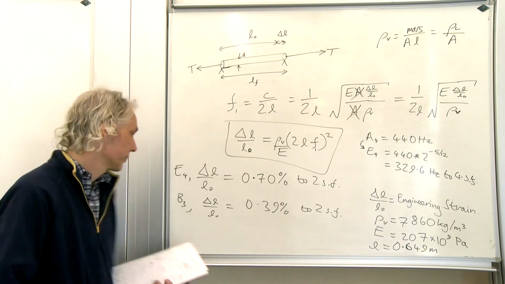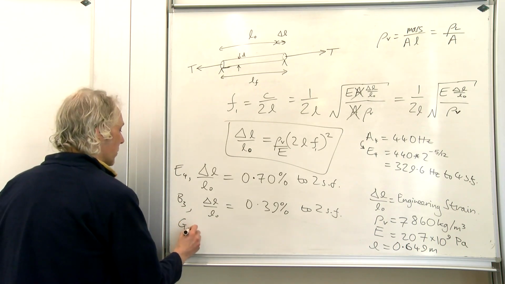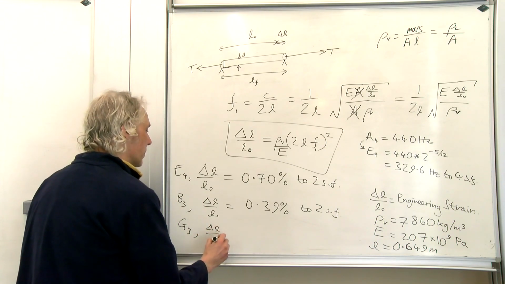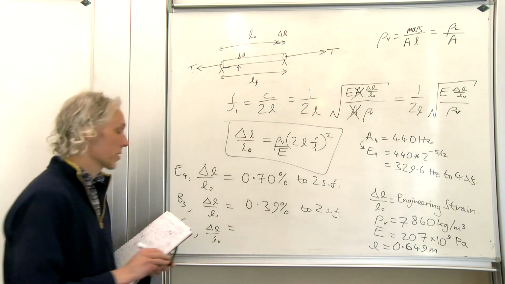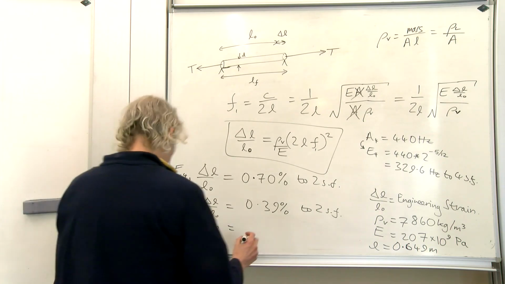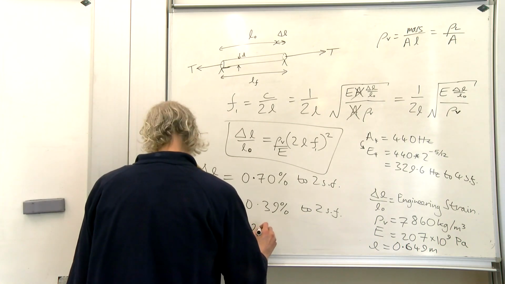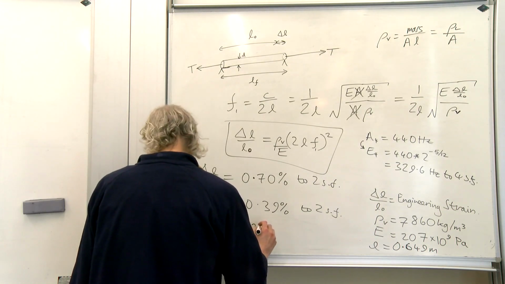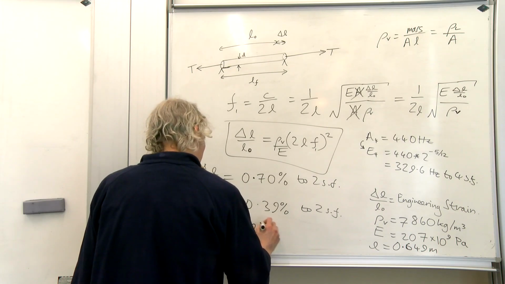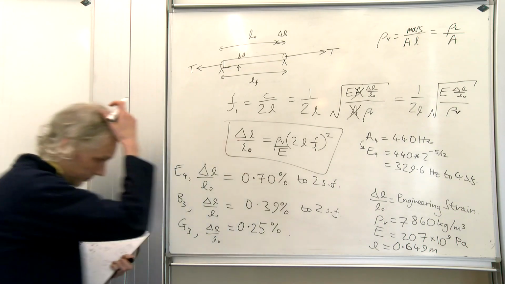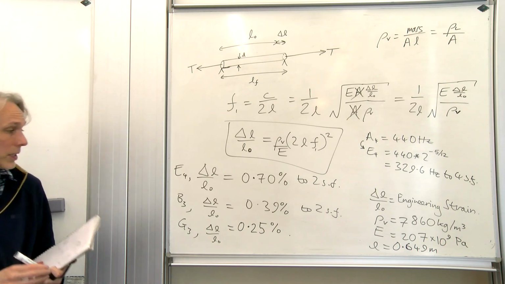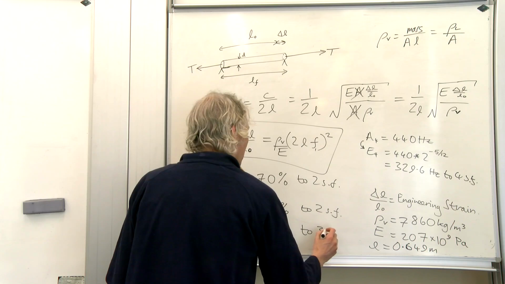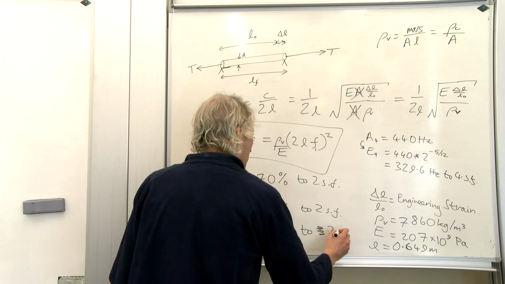And then G, we go for the G3 string. That's another 4 semitones lower. Sorry, 0.25%. Okay, so a lot less than half. That's two significant figures again.